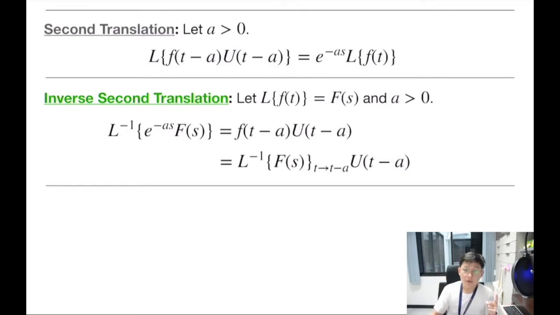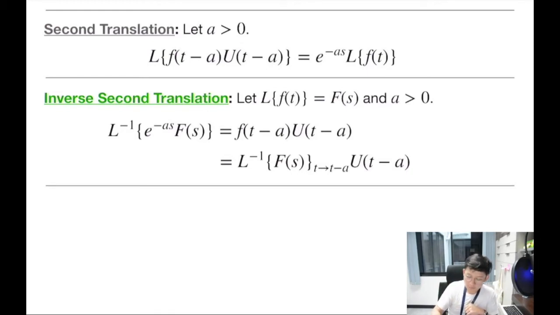If you remember, when we do the Laplace transform of f(t minus a) u(t minus a), here u is the unit step function, if you remember, right? The Laplace transform of f(t minus a) u(t minus a) is e to the minus as times the Laplace transform of f(t). Okay, so the inverse would be similar, right?